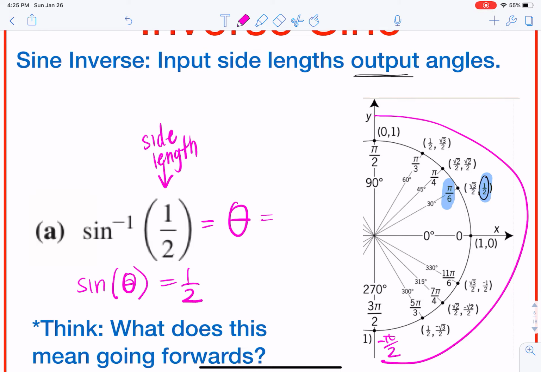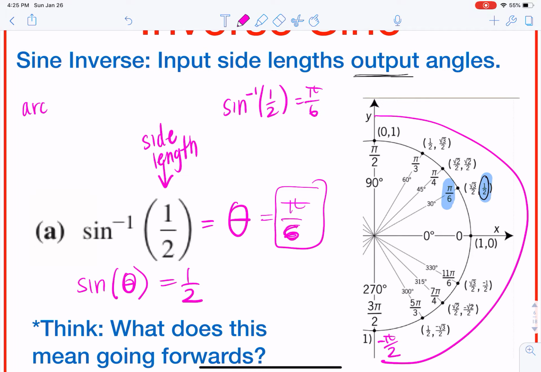So this angle that I'm looking for is here at pi over 6. And so this is the answer. So sine inverse of 1/2 is equal to pi over 6. Or I can say arc sine of 1/2 is equal to pi over 6.